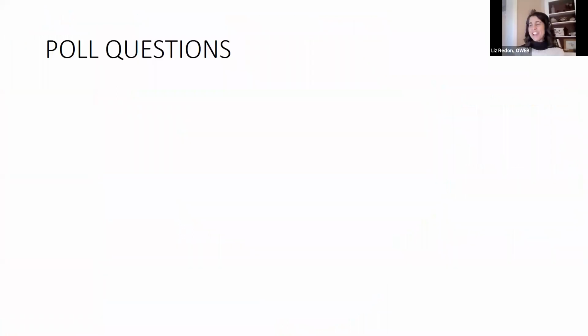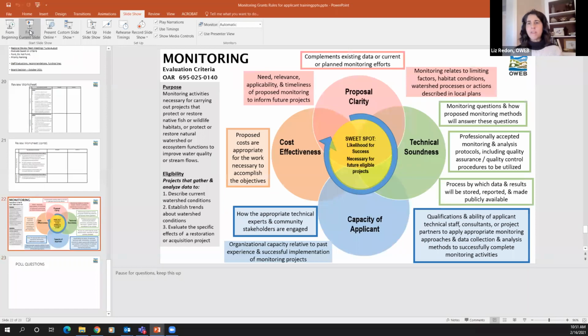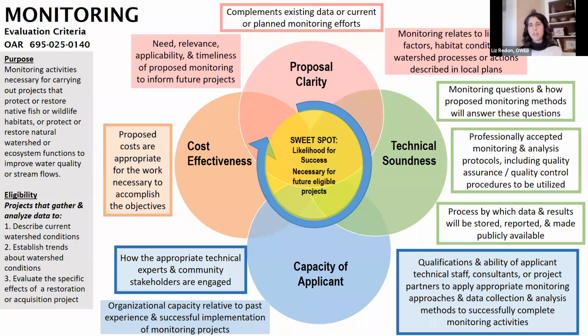No, you're doing good. One thing to think about is when you are considering using match that predates the grant or the project, one of the things that we will ask in our scrutiny of that match is: is that match directly related to achieving the goals and objectives of the project you're proposing?